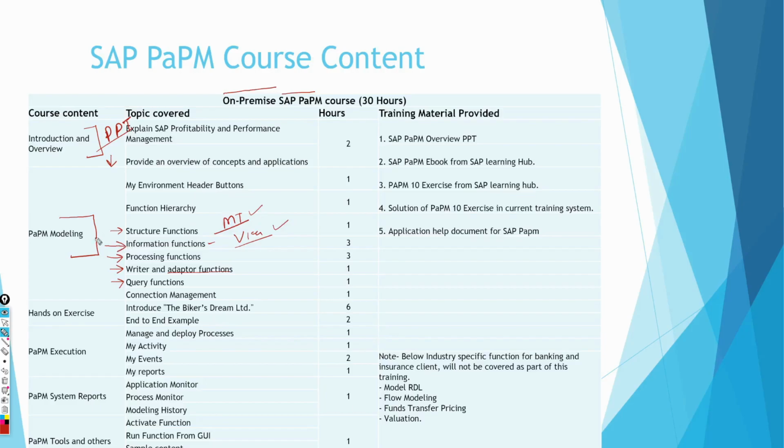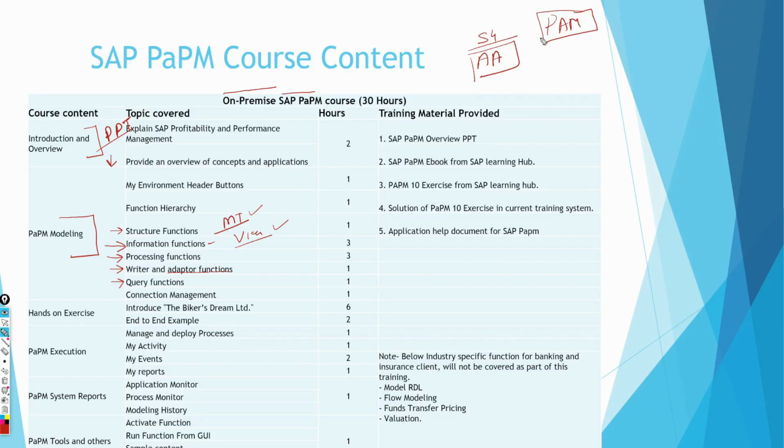Once we understand how functions individually work, then we will connect different functions. When I say connect different functions, what does this mean? For example, if I say I need this kind of structure, there is an S4 system and it has ACDoc A table, and let's say PAPM is here. It can be in S4 or outside also, that we will discuss later.